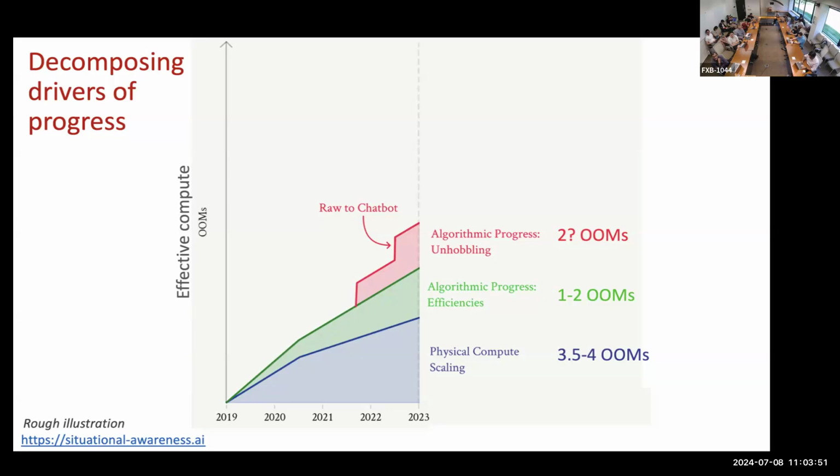Is that accounted for in these OOMs here? Yeah, so I would say that would probably come under unhobbling, I think. Of course, we don't have A/B testing for every change that's made, but at least there's some one can count for.